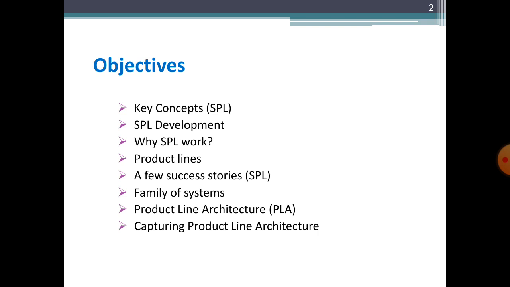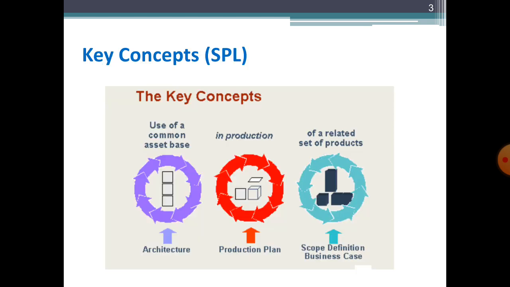Then we will see some hall of fame stories, a few success stories utilized by top renowned world companies which are based on product lines. And then we will see a family of systems, and at the end of this lecture we will discuss a product line architecture as well. So students, this is the objective of our today's lecture discussion. So let's formally see the details.